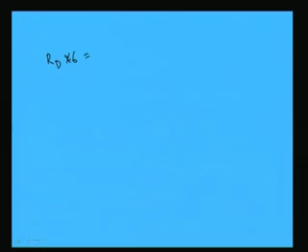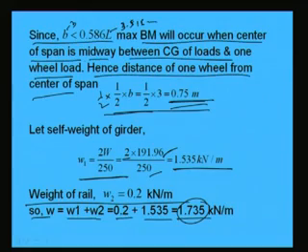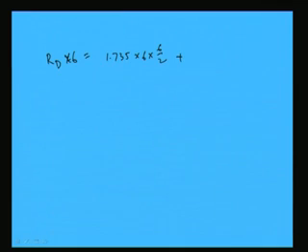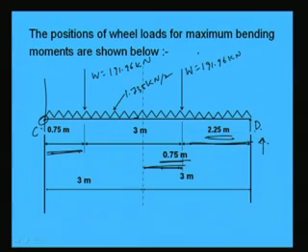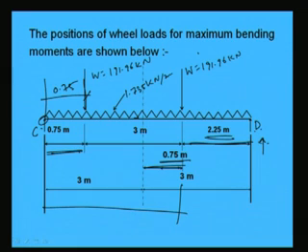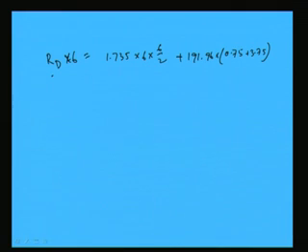So, RD into 6 equal to 1.735 into 6, WL square by 2, into 6 by 2, plus 191.96 into 0.75 plus 3.75. How is it coming? See, 0.75 is for this load, and for this load this will become 0.75 plus 3, so 3.75, right. So, taking moment about C, we can find RD into 6 equal to this.